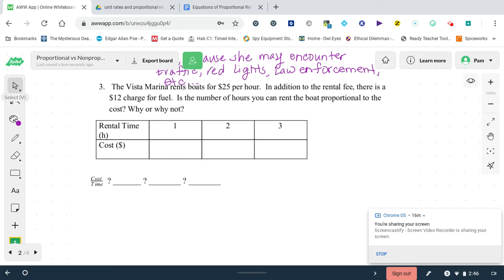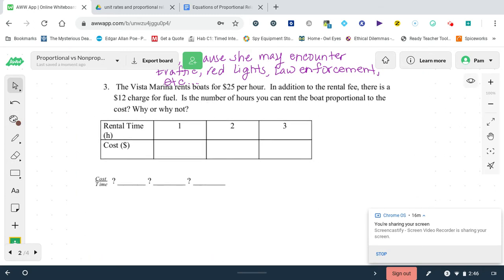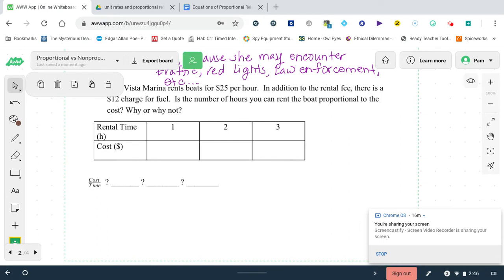But what we want to do is take a look and see if the number of hours that we rent the boat is proportional to the cost. Okay. All right, in other words, am I going to get the same thing if I take my cost and divide it by the number of hours for each one of these times?